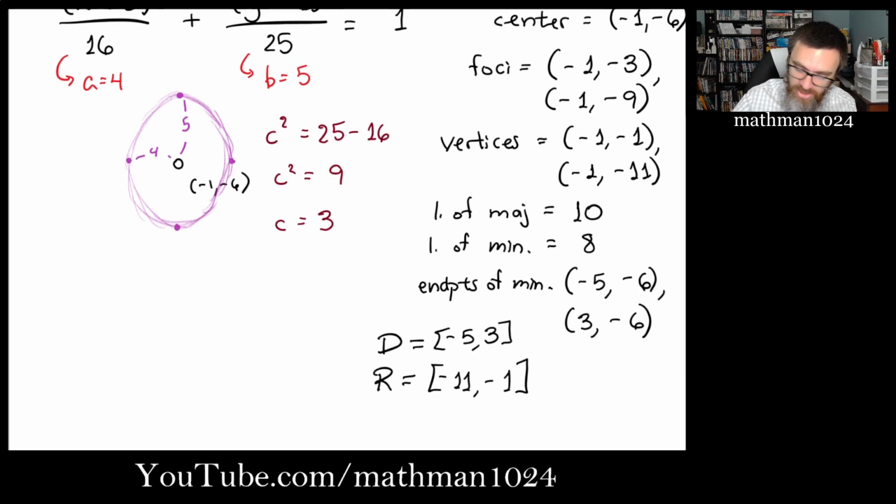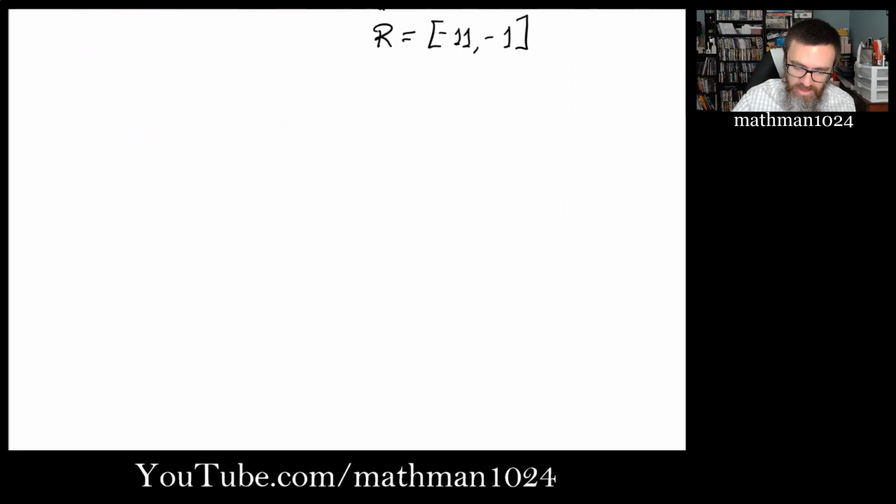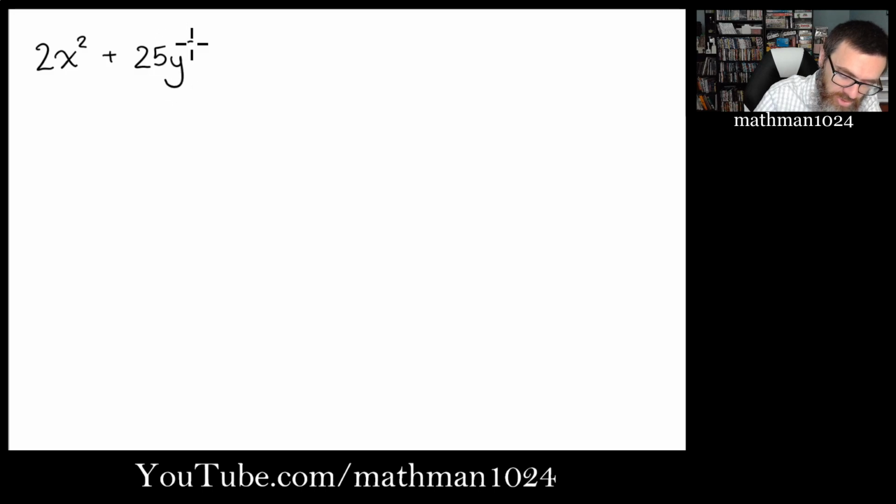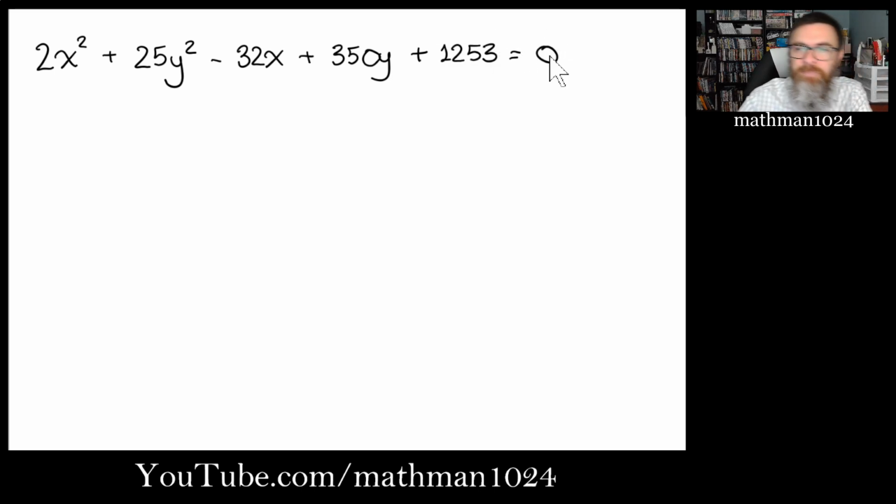All right, so let's try another one. One just as crazy as what we just did. So we have 2x squared plus 25y squared minus 32x plus 350y plus 1,253.